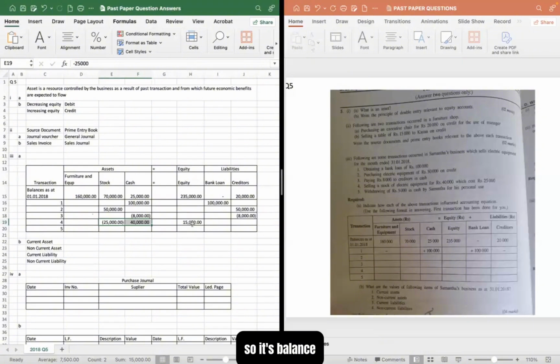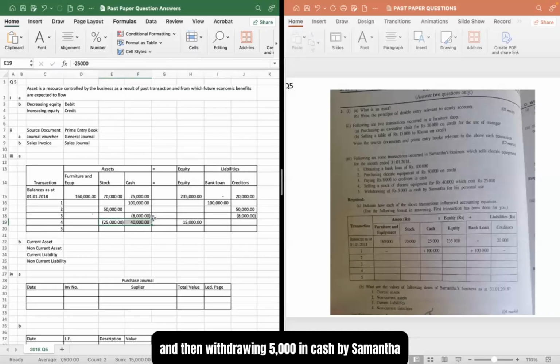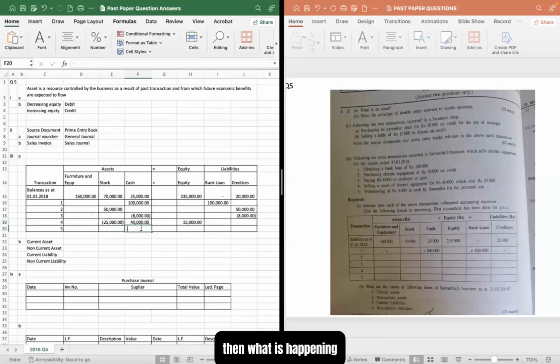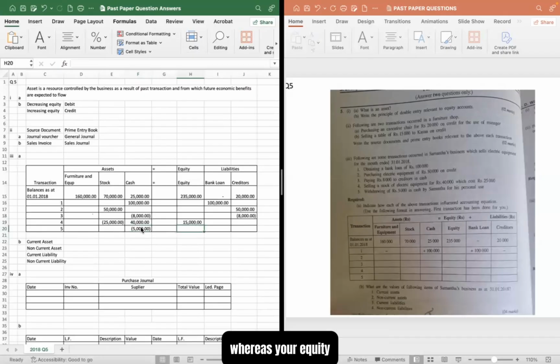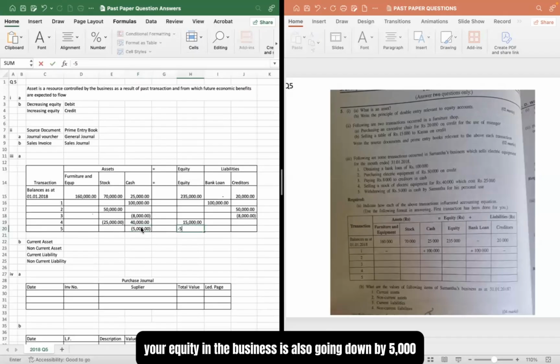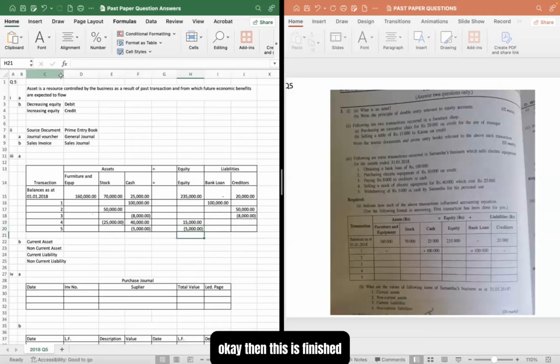So it balances. And then withdrawing 5,000 in cash by Samantha for his personal use. That is a drawing. Then your cash is going down by 5,000, whereas your equity in the business is also going down by 5,000. Then this is finished.